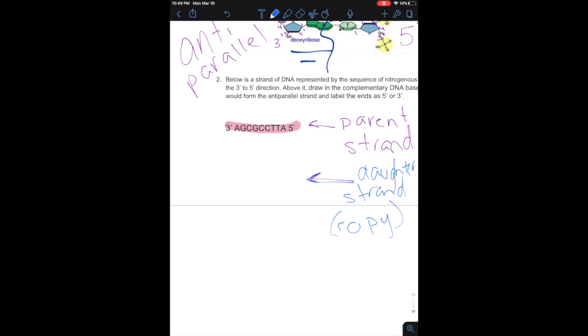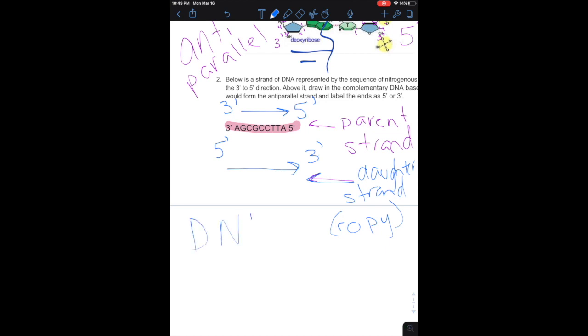How is DNA copied? Well, it's going to be copied in the 5' to 3' direction. So this parent strand runs from 3' to 5'. And we're going to be creating the daughter strand from 5' to 3'. They run anti-parallel.